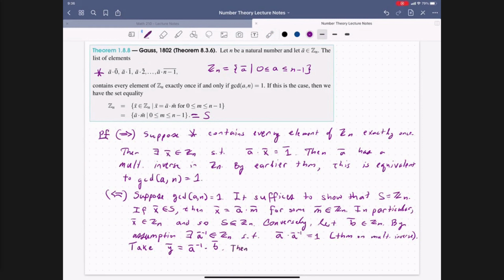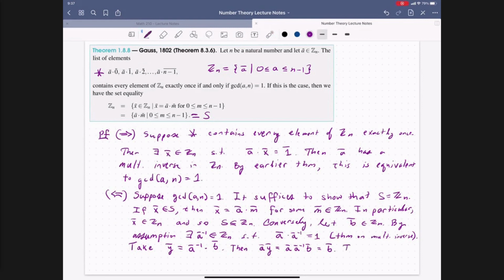So then A bar y bar is equal to A bar inverse b bar times A bar, which is equal to b bar. And so we have this here. But we are done. Because what we have shown is that we can find an element y bar in the integers modulo n, such that y bar times A bar gives us that b bar.